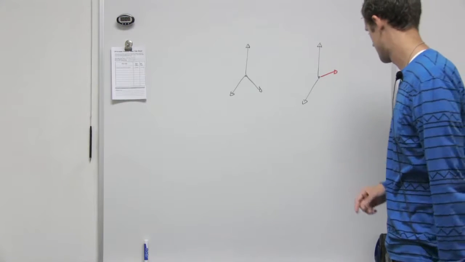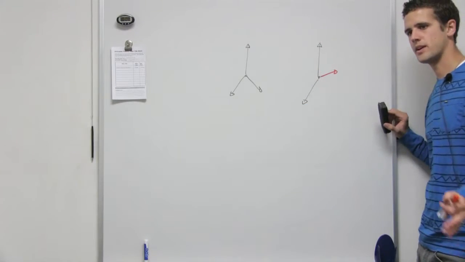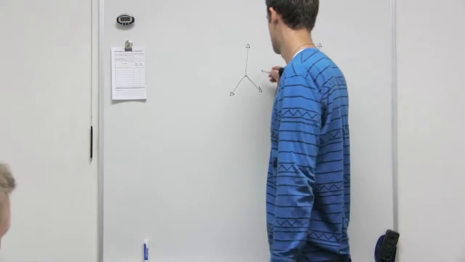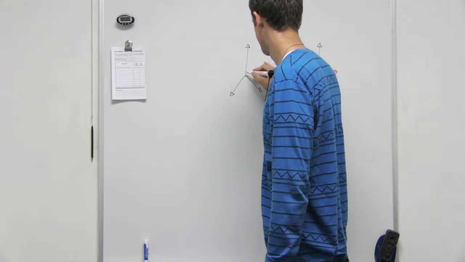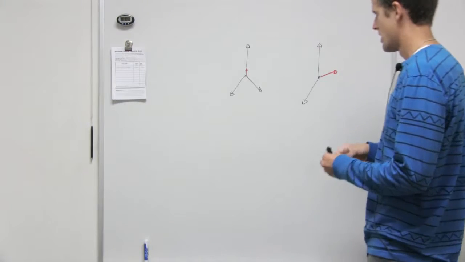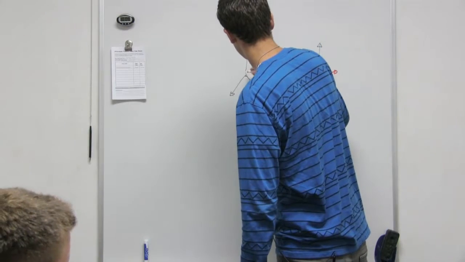Yeah, because the ones like this are pretty straightforward. You break them all down into components, and you find your net force. Like, this one would end up being something like this.